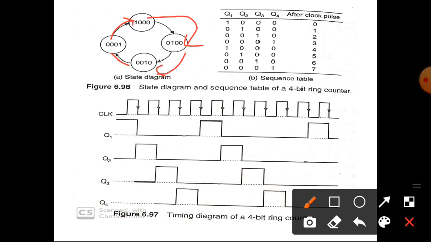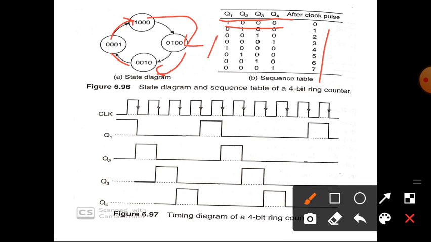The same is represented using a sequence table using the outputs Q1, Q2, Q3 and Q4, and the clock pulse is here. Initially 1 0 0 0 is the initial state, then with each clock pulse the 1 is shifted to the right. So this is the timing diagram.